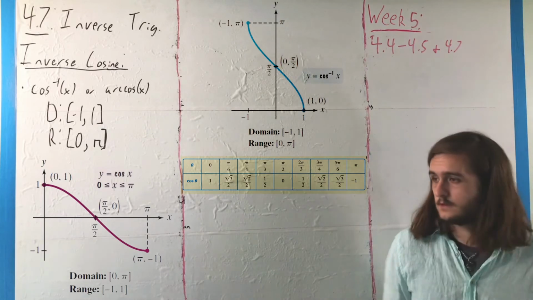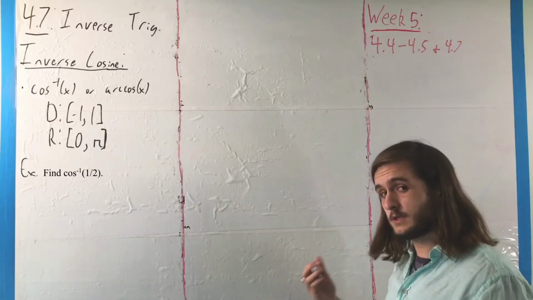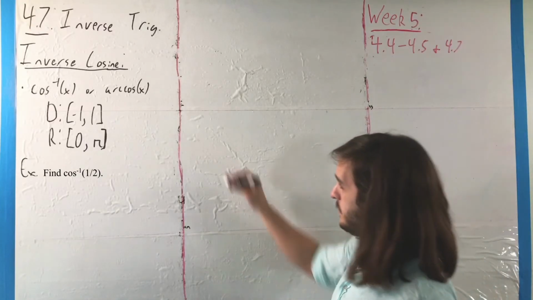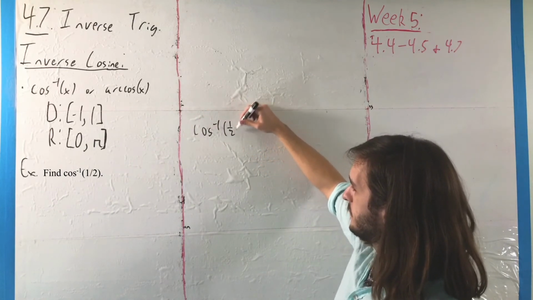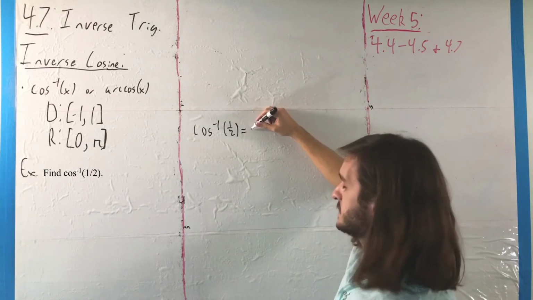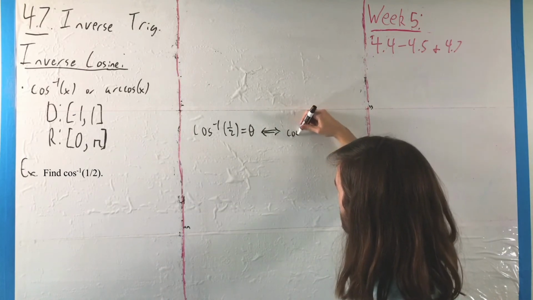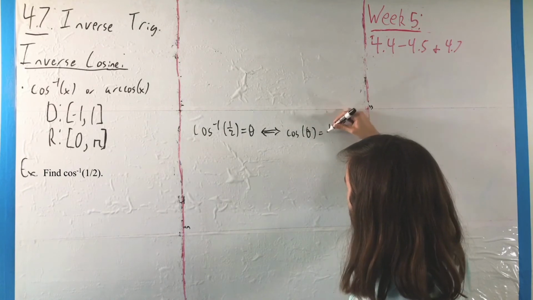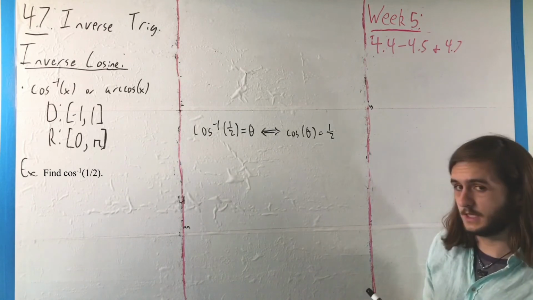So if we want to take a quick example, and find inverse cosine of 1/2, we can follow the same sort of logic as before, that cosine inverse of 1/2 is the same as saying cosine inverse of 1/2 equals theta, is the same as saying cosine of theta equals 1/2, which you can get by essentially evaluating cosine on both sides.